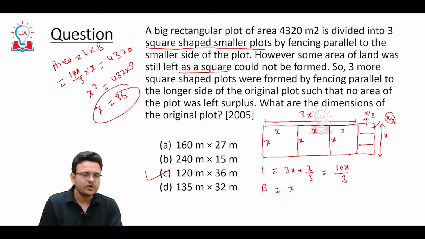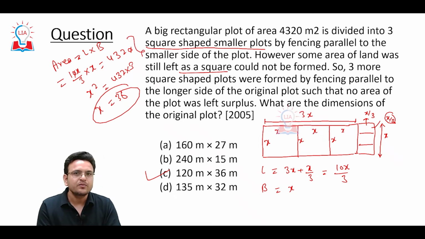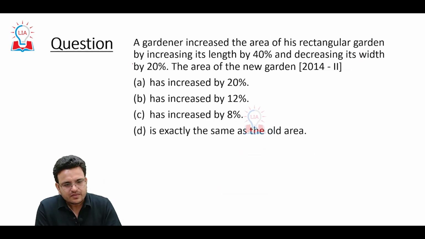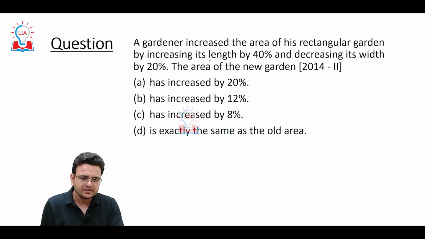So the only thing is, you have to solve this particular equation, and you have to understand how to draw the diagram. Now see one more question. In this particular question, a gardener increased the area of his rectangular garden by increasing the length 40% and decreasing the width 20%.